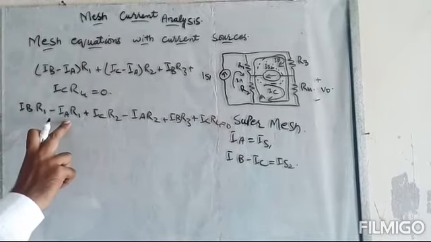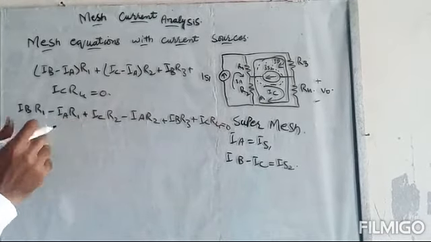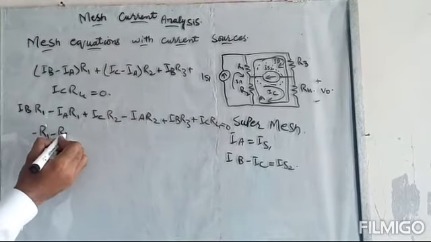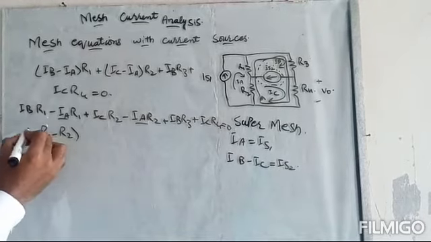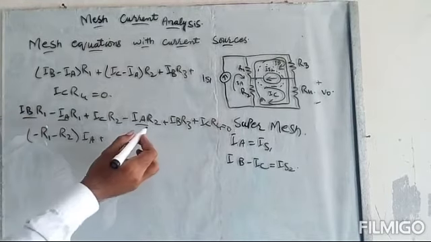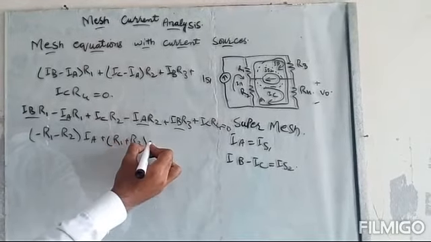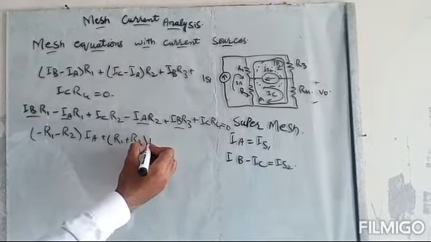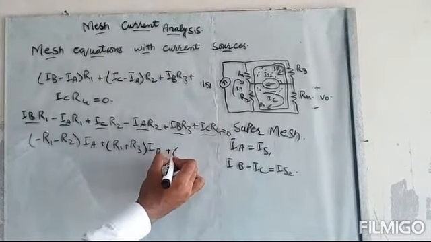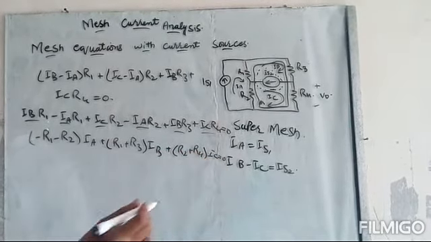We will combine the terms containing IA: minus R1 minus R2 multiplied by IA, plus R1 plus R3 multiplied by IB, similarly R2 plus R4 multiplied by IC, is equal to 0.